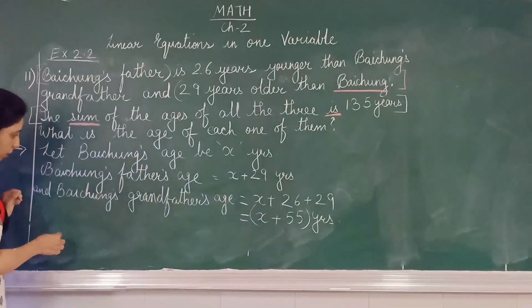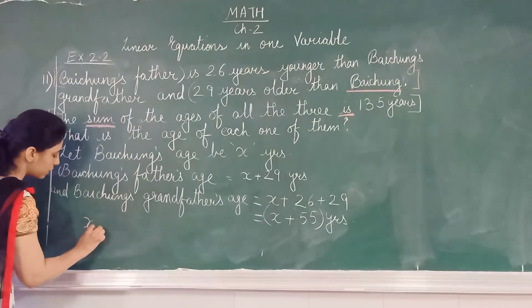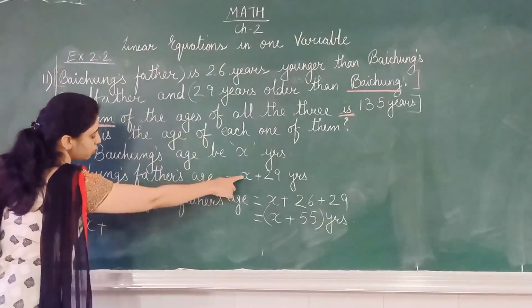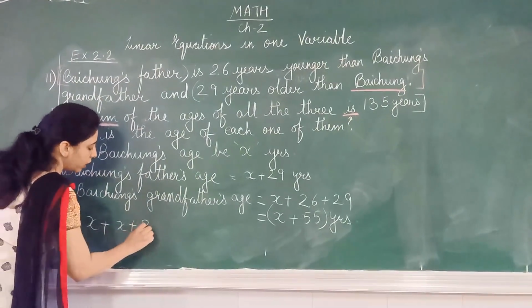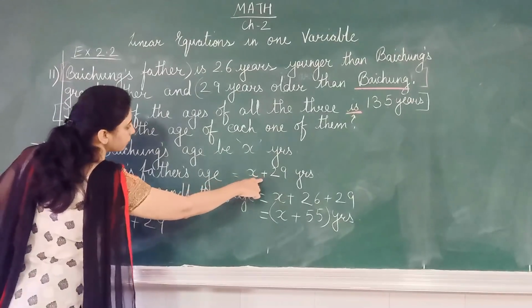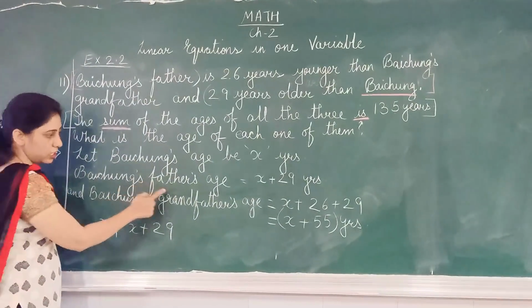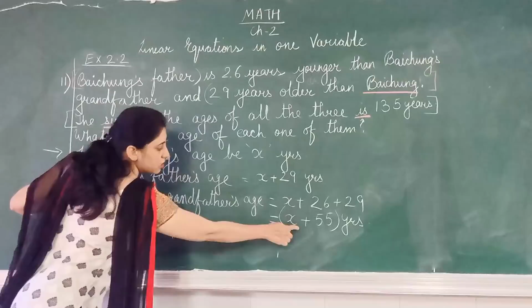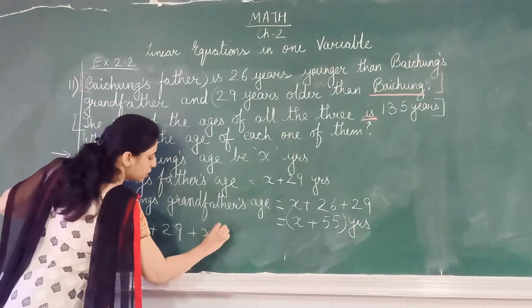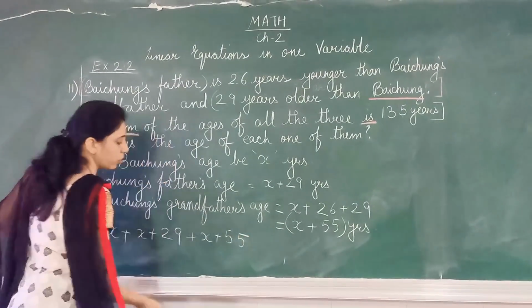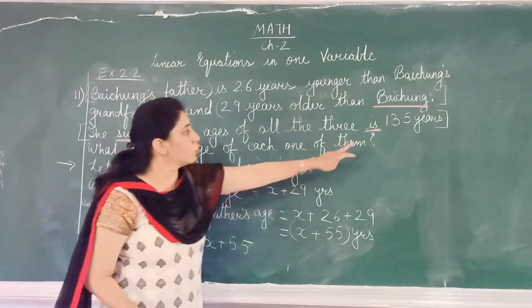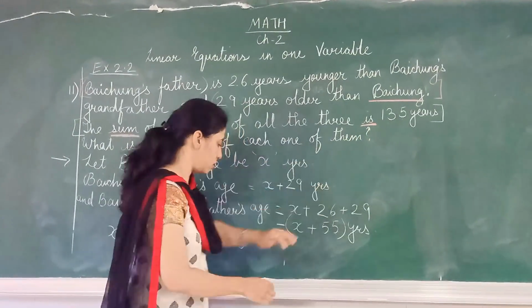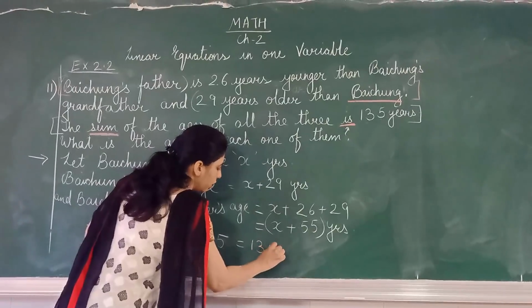So now you are going to frame an equation. X, that is Baichan's age, plus x plus 29, Baichan's father's age, plus x plus 55, Baichan's grandfather's age, is equal to 135 years.